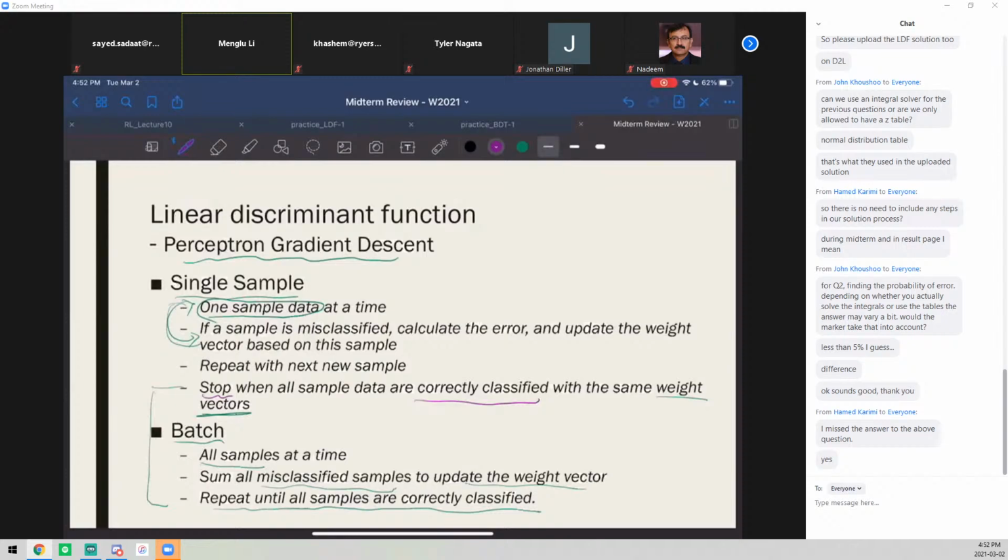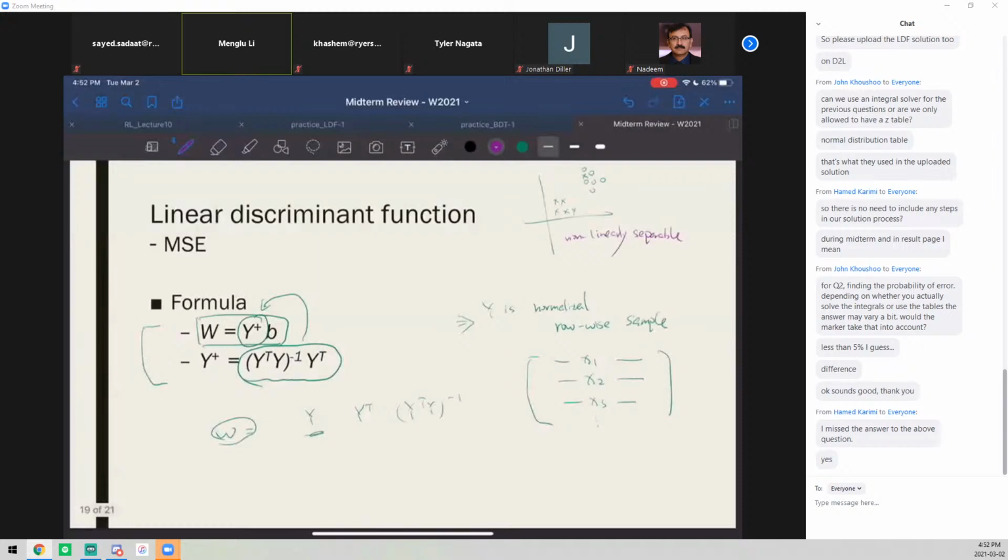But for this case, there's no line to make all the data classified. So we cannot use perceptron.